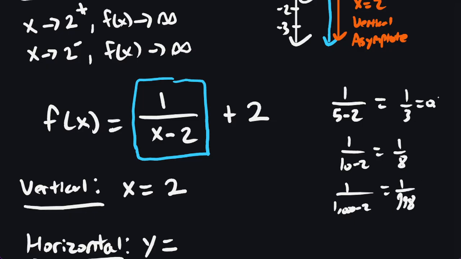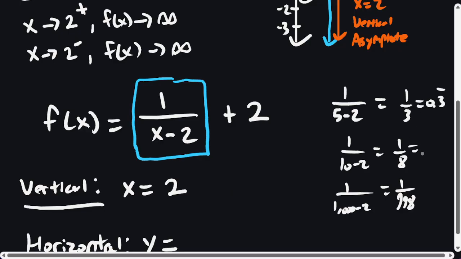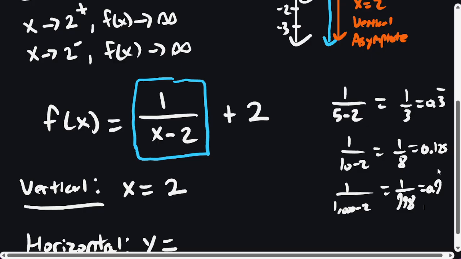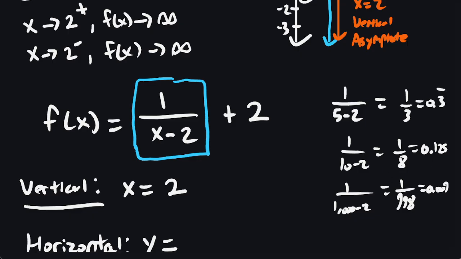So 1/3 is about 0.3 repeating. Let me just verify these numbers. 1/8 is 0.125, and 1 over 998 is about 0.001.